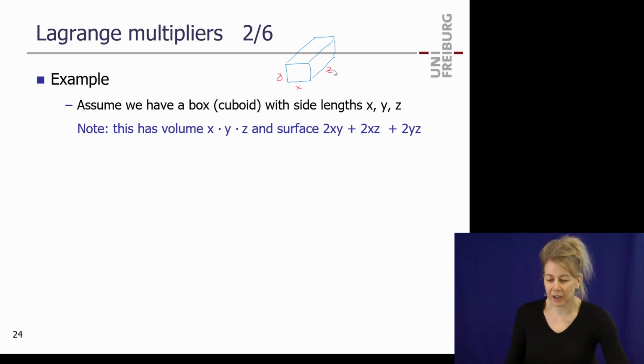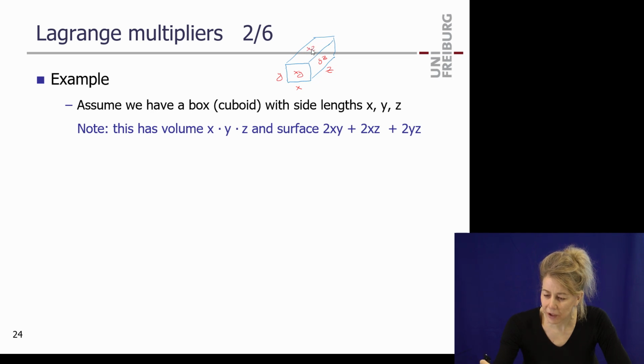X times y times z. What's the surface of the box? Well, it has xy twice, here and at the bottom, so it's 2xy if I just want the surface. It has this area here twice, which is yz, and it has another one which is xz at the top.